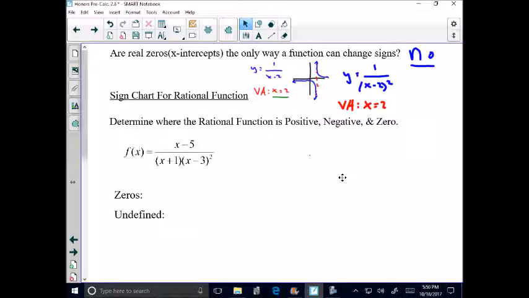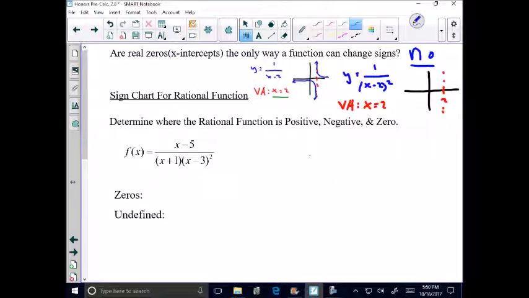But if we think about the graph of this function, we can see that it is never going to have y values that are negative, because whatever we plug into the denominator is always going to be squared, so we're always going to be dividing 1 by positive numbers.